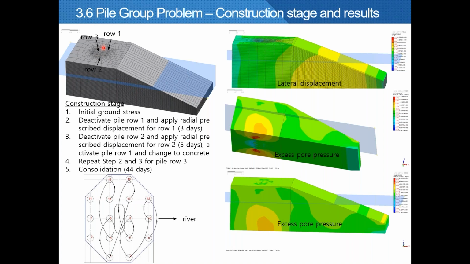At the same time, pile row number 1 is activated, and the material is changed from soil to concrete. The construction for this step is 5 days because there are 5 piles in this row. The second step and the third step are repeated for the rest of the piles.